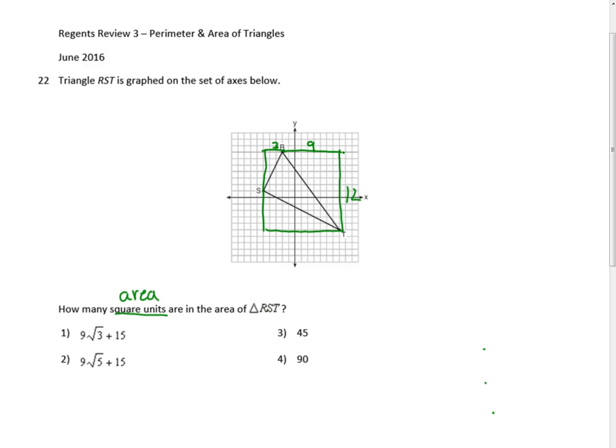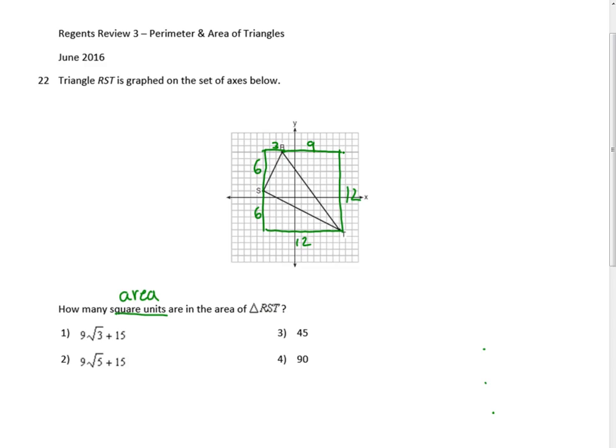Along the bottom should be 12. I knew it was 12 because the top was 9 and 3. Then we have 1, 2, 3, 4, 5, 6. So if that's 6, we should have 6 at the top. That would be 6 there.